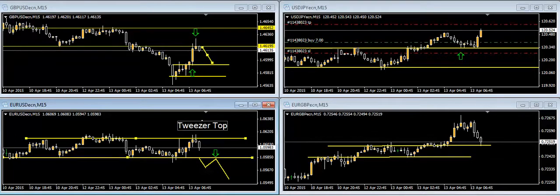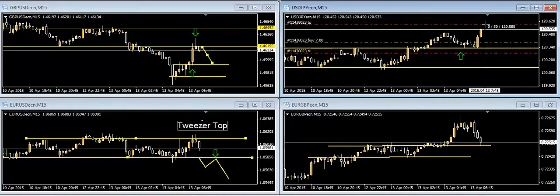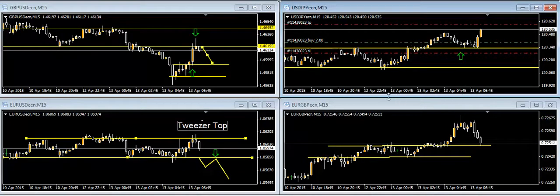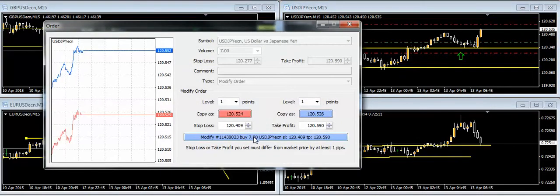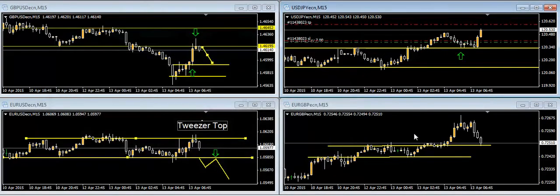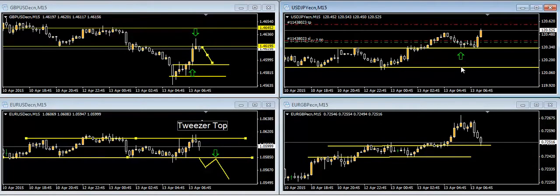Now we are way over, say, 30 minutes into our trade, and the account is up $720. Market is shy 5 pips, 7 pips of my take profit. So let's see what happens. Let's see if it actually gets to it. I'm going to move my stop loss to just above break even, so at least I've locked in a few pips in the event the market decides to go against me.